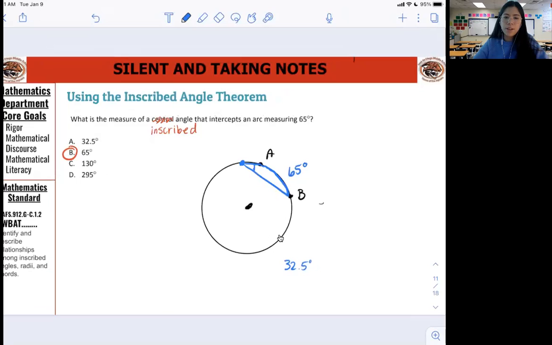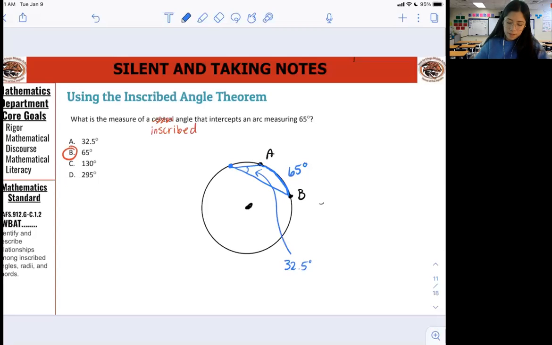I moved the interception point. No, I didn't. It's still connecting to A and B. I'll draw it a little bit better here. A, and B. So you agree? This is still 32.5 degrees?